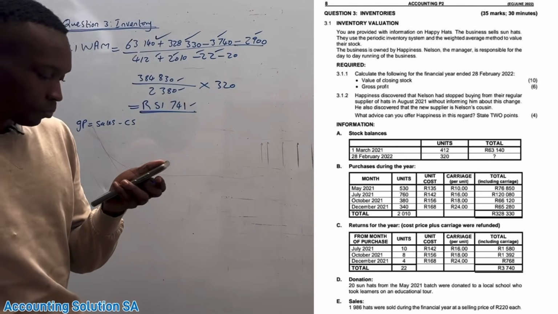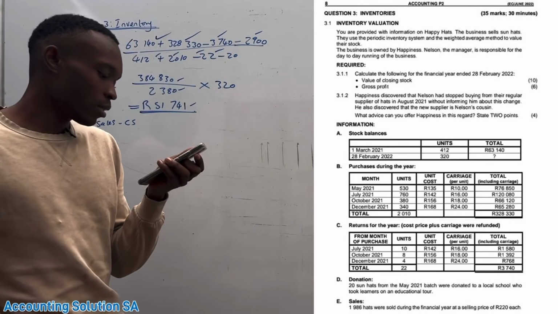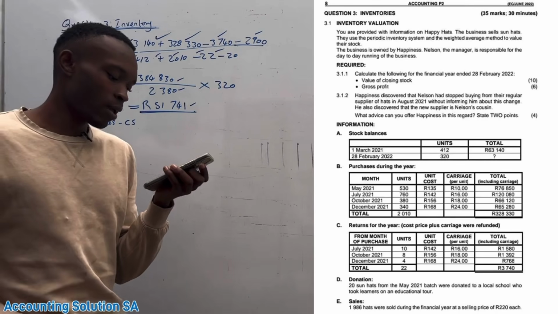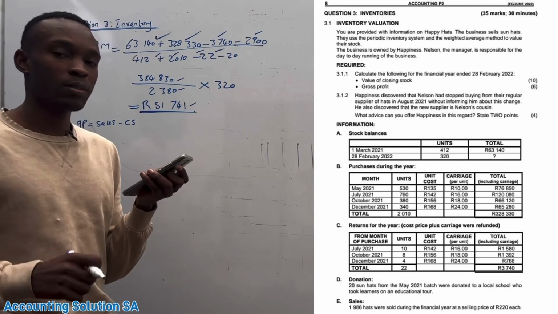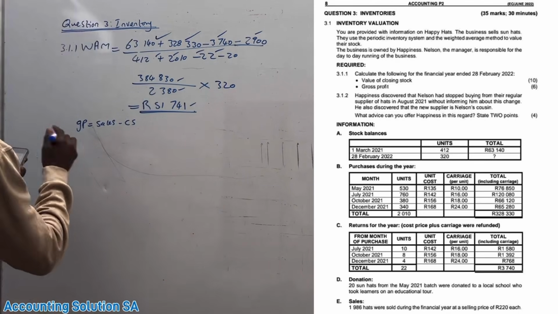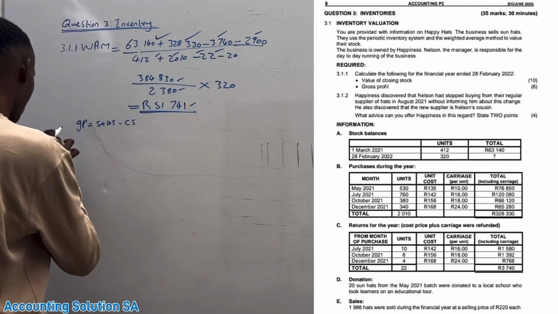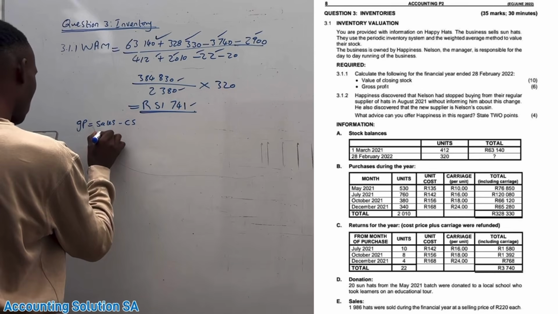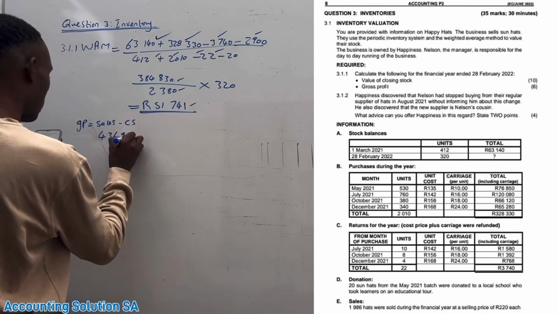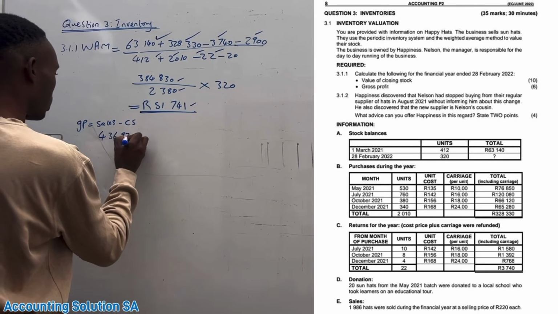Number E, 1,986 heads were sold during the financial year and the selling price was 220, which means that you need to multiply. Okay, so if you multiply these two, you are going to get an amount of 436,920.